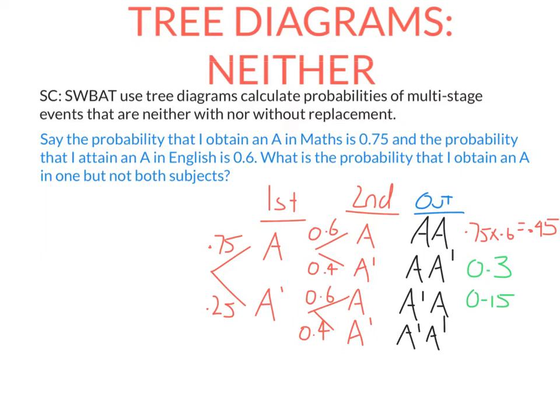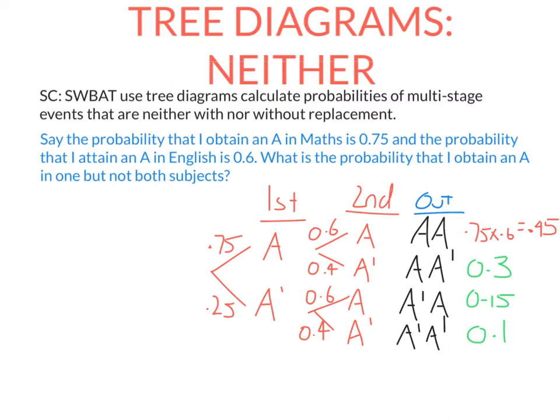And the last one, 0.25 times 0.4, gives me 0.1. When we get the probabilities of all of the outcomes, they should add to 1, otherwise I've done something wrong. Remember, when we were doing with or without replacement, these ones would have been the same. If you had one A and one not A, the probabilities would have been the same. But that's not the case here, because it's not with replacement, it's not without replacement.